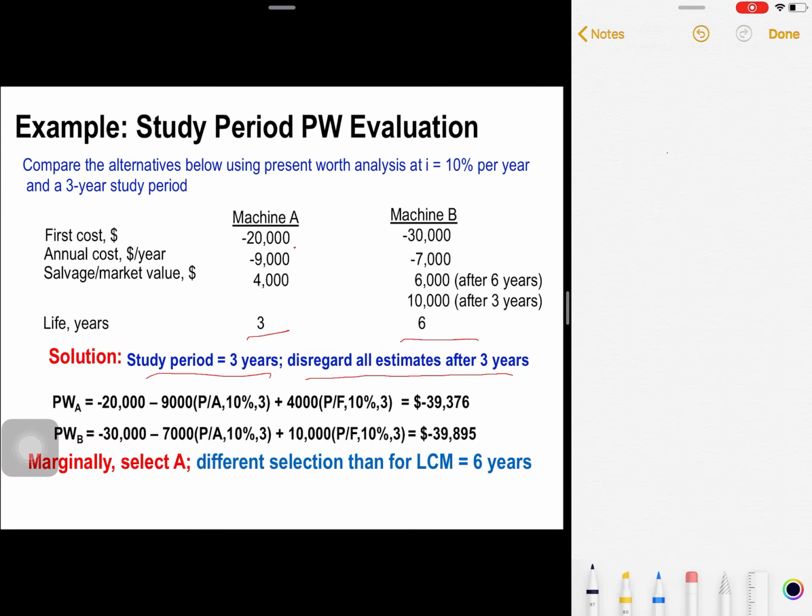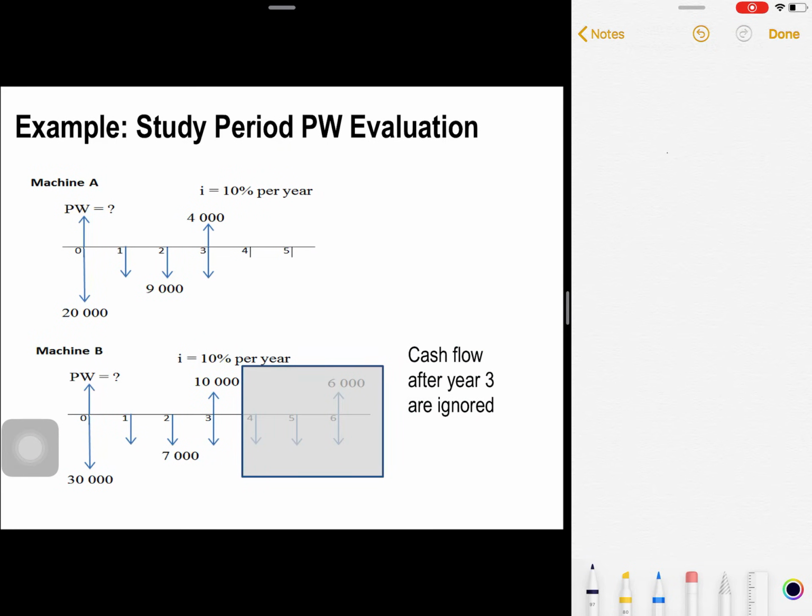Marginally, we get the value negative 39,895. Marginally, we have to select A because A is more economical. Then LCM for 6 years. This is because we use the study period PW evaluation.